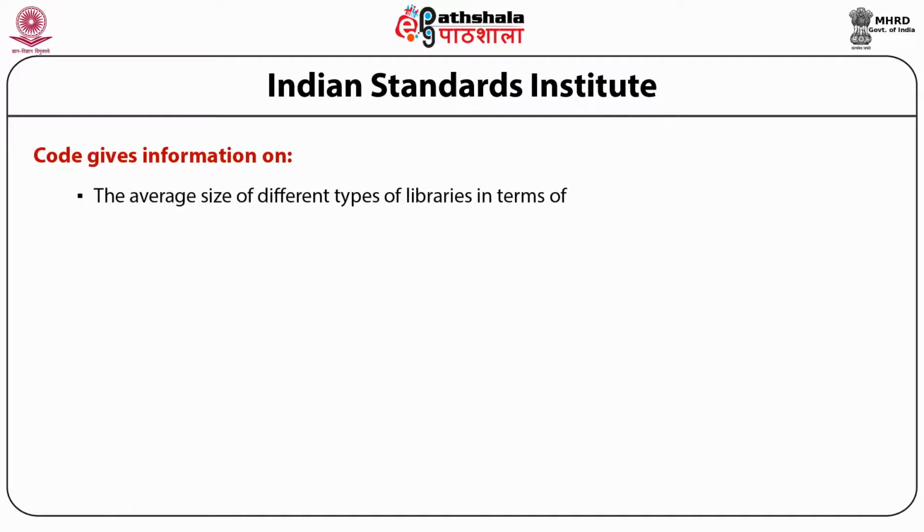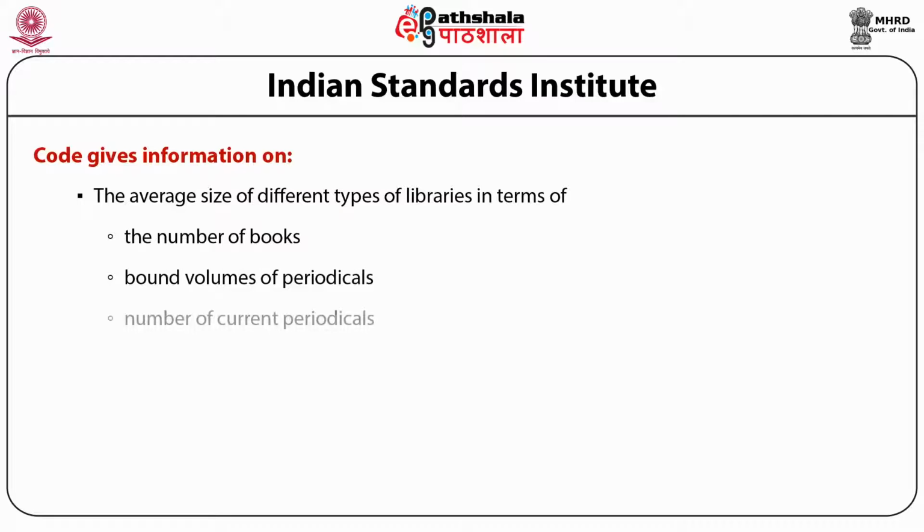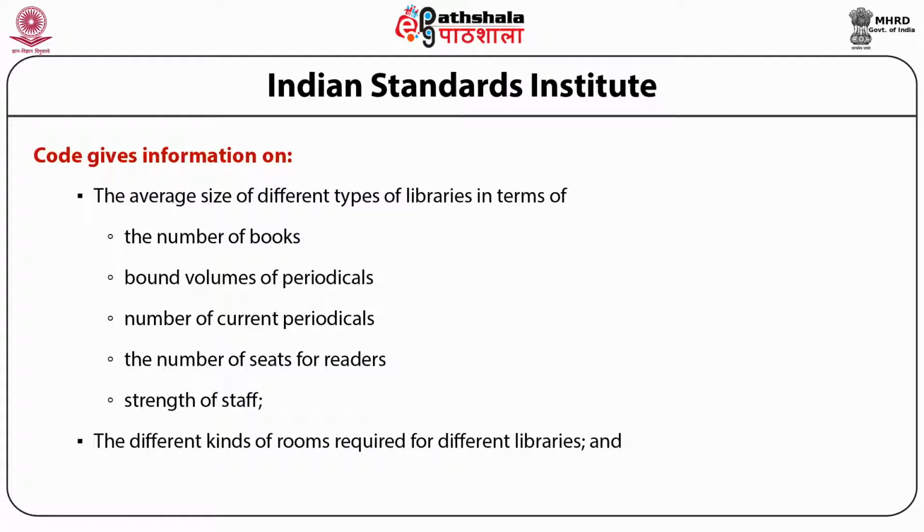Number one, the average size of different types of libraries in terms of the number of books, bound volumes of periodicals, number of current periodicals for display, the number of seats for readers, and strength of library staff. Number two, the different kinds of rooms required for different libraries.